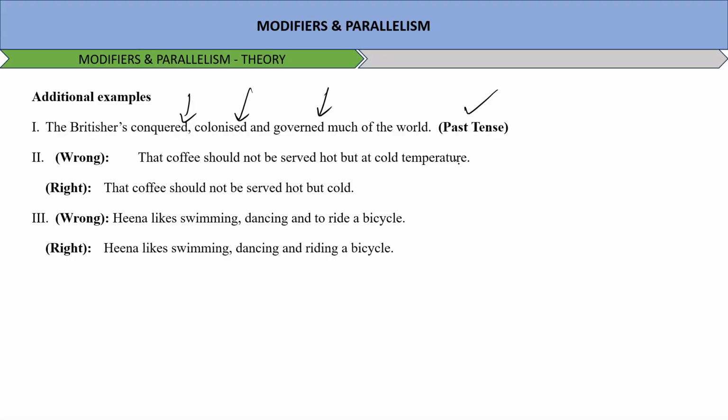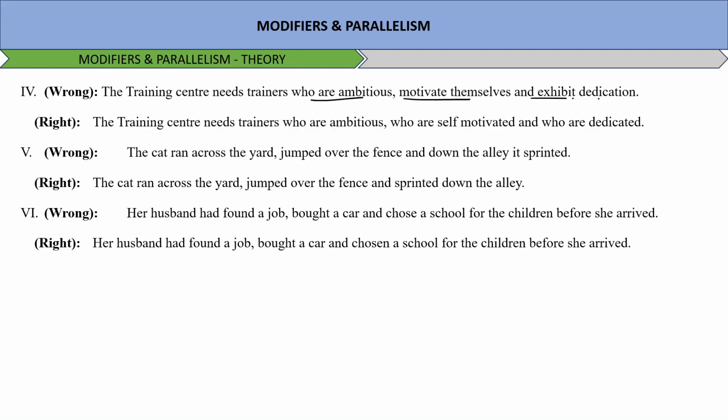Okay. The training center needs trainers who are ambitious, motivate themselves and exhibit dedication. Incorrect. The training center needs trainers who are ambitious, who are self-motivated and who are dedicated. The cat ran across the yard, jumped over the fence and down the alley it sprinted. The cat ran across the yard, jumped over the fence and sprinted down the alley.